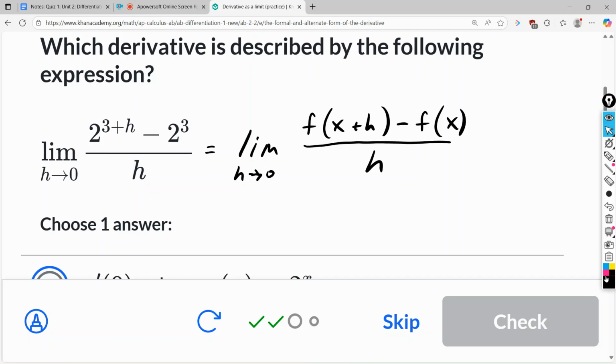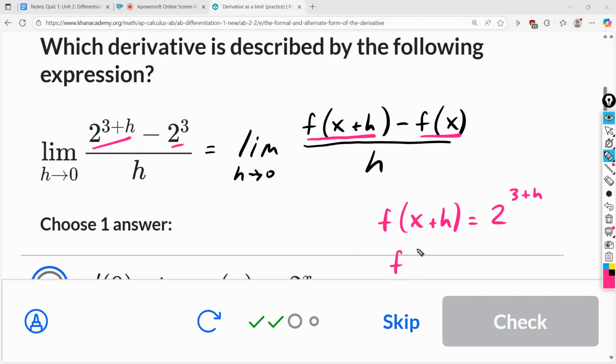So we can clearly see right here that f of x plus h is 2 to the power of 3 plus h. And we can see that f of x is 2 to the third.